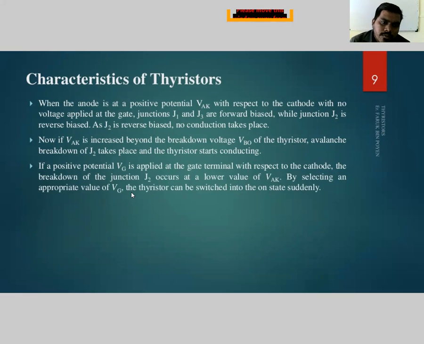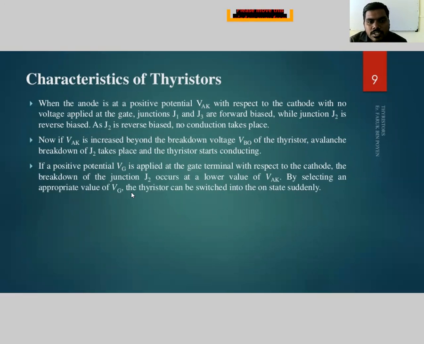Means if the voltage across anode and cathode is increased beyond VBO, the breakdown voltage, then due to avalanche, that junction will break down, and electron and hole combination will occur, and due to that the working of the SCR starts. It will come in the forward conduction mode.